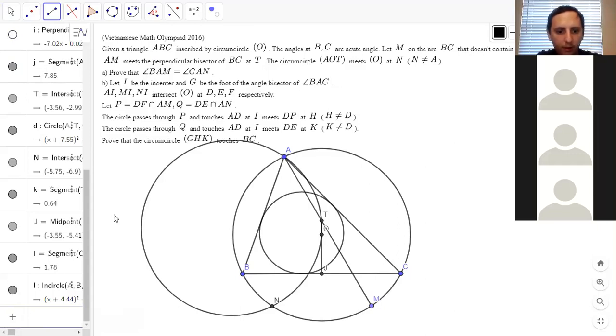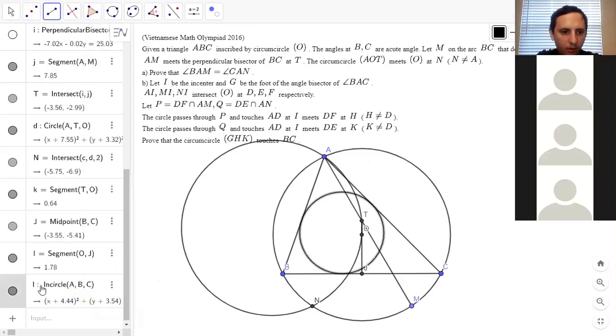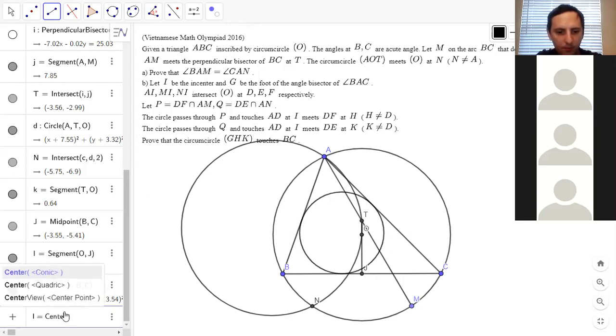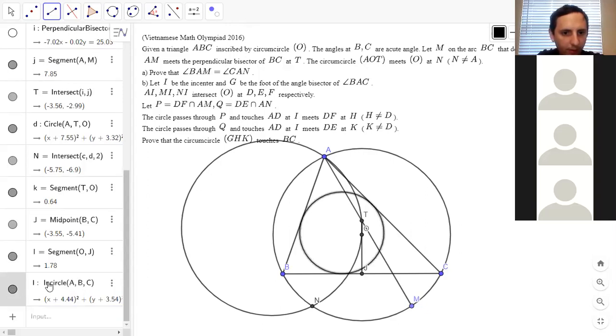Okay, and then, oh, I want the incenter to be I. So let's say, I don't know, just call the incircle G. But it doesn't like that. Trying to figure out why it won't let me rename this.